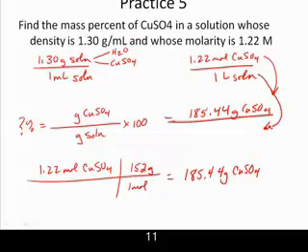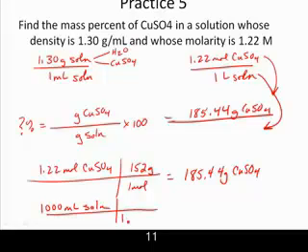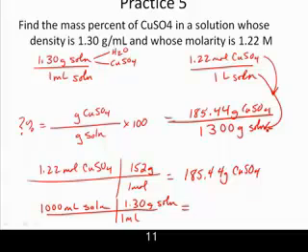So if I have 1 liter or 1,000 milliliters of solution, and this tells me that 1 milliliter is 1.30 grams of solution, that's going to be 1,300 grams of solution, and then times 100, 185.44. So that gives me 14.3%.